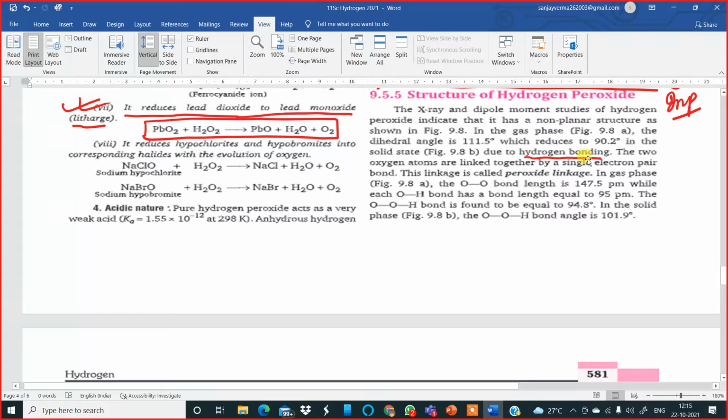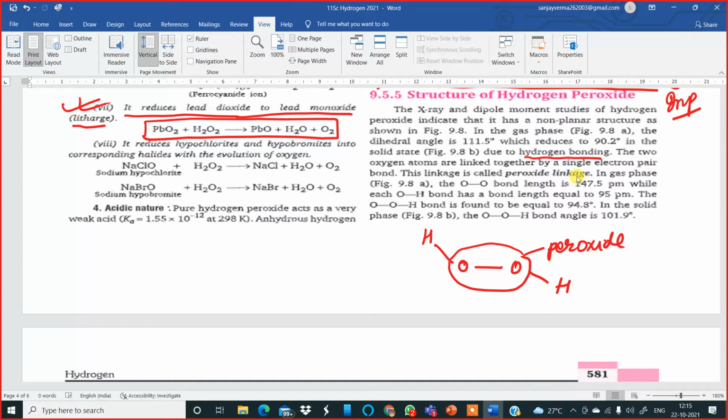The two oxygen atoms are linked together by a single electron pair bond. This linkage is called peroxide linkage. If you look over there, this linkage which you see, oxygen to oxygen, it is called peroxide linkage.